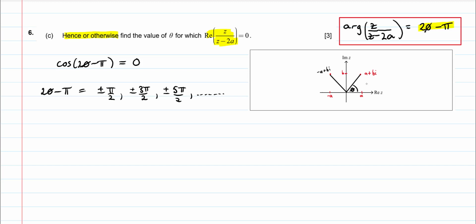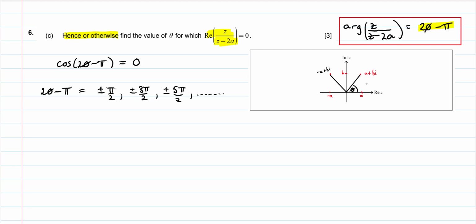As long as the numerator is odd, cos of any of those will give 0. So cos of 9 pi over 2, for example.